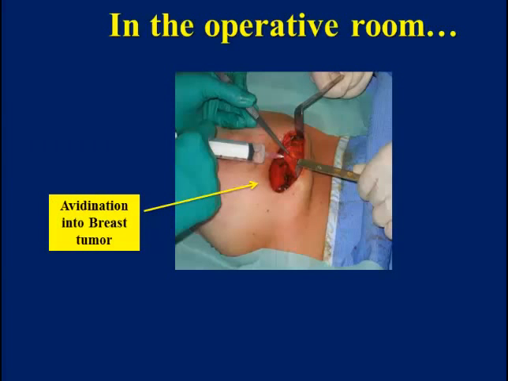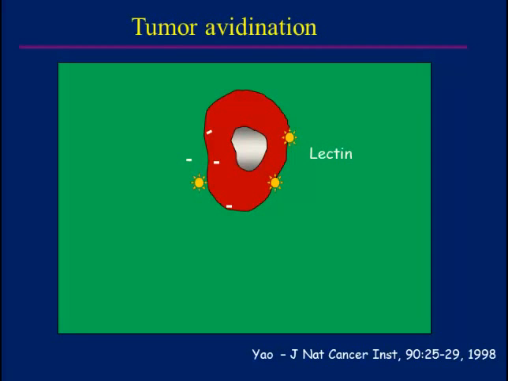So how does avidination work in the operating room? As we mentioned earlier, in the breast the avidin is distributed homogeneously. Now they have developed multi-hole needles to distribute the avidin better. How does that work? Usually after surgery the excised area is inflamed, so it's negatively charged.